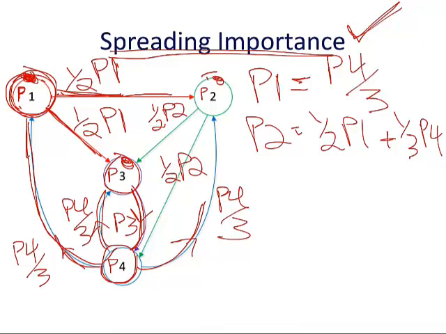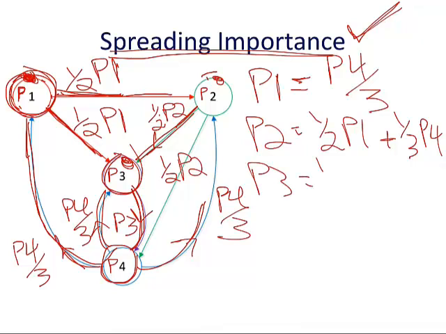And for P3, the importance score of page 3, page 3 has the highest in degree, so it has the most incoming spread of importance score, not necessarily the highest importance score, but it has the most terms that are determining its importance score. We have 1/2 P1, 1/2 P2, and 1/3 of P4.